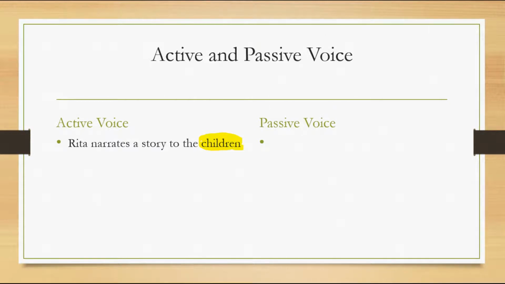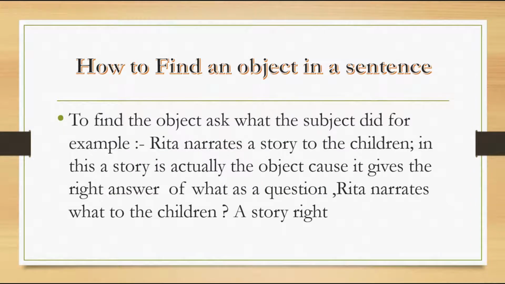Now in this sentence, the children is not the object. If I say Rita narrates, is she narrating the children? No, she is narrating a story. So we need to understand, in the minute you ask the question what? Rita narrates what? She narrates a story. So it is an object here.